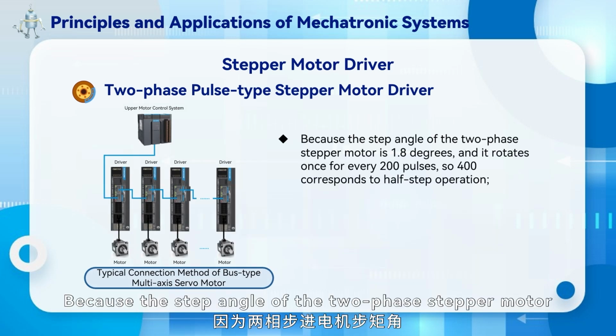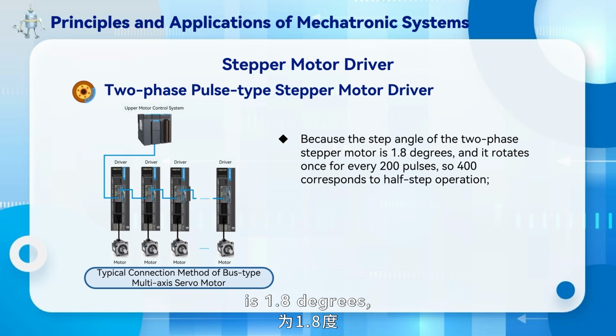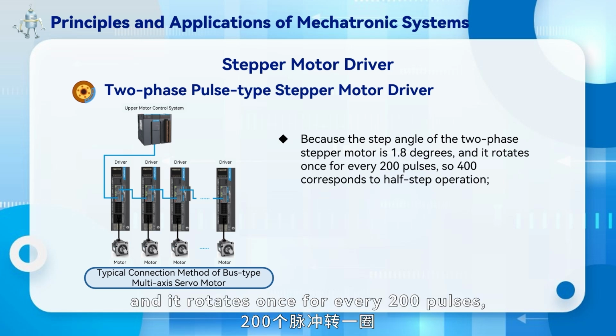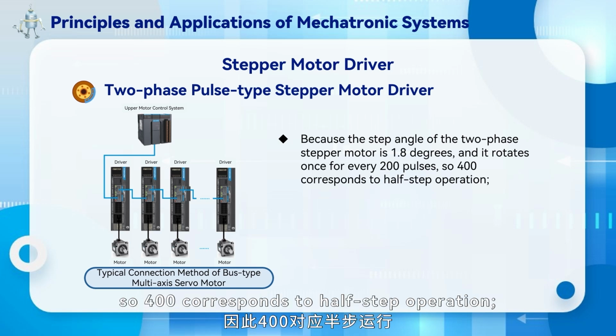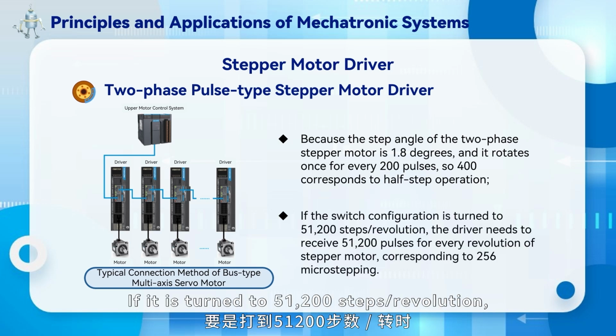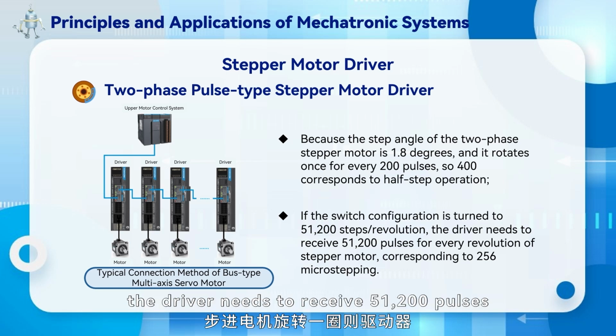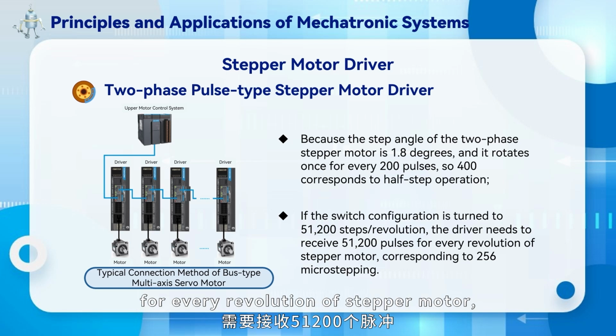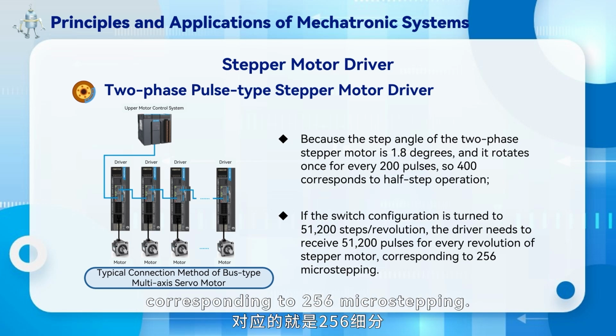Because the step angle of the two-phase stepper motor is 1.8 degrees, and it rotates once for every 200 pulses, 400 corresponds to half-step operation. If it is turned to 51,200 steps per revolution, the driver needs to receive 51,200 pulses for every revolution of the stepper motor, corresponding to 256 micro-stepping.